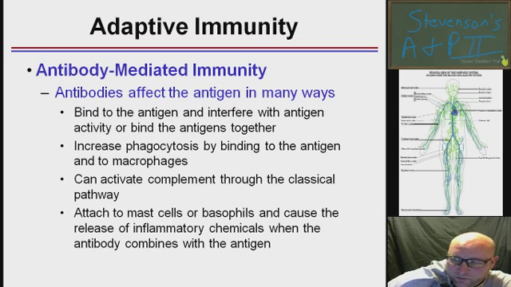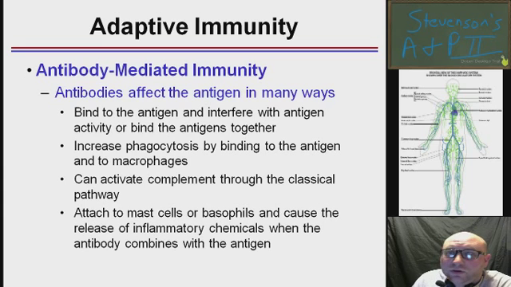Antibody-antigen interactions: antibodies affect the antigen in many different ways. An antibody binds to the antigen and interferes with antigen activity, or it binds the antigens together and holds them in place. That way, the complement system and the immune system can do the job.